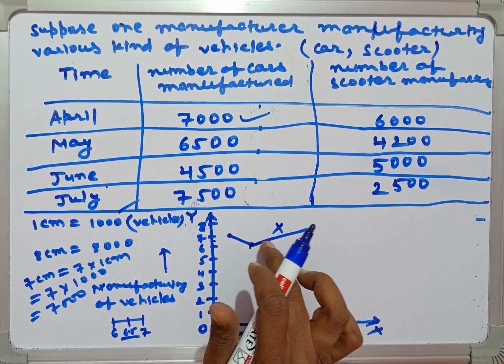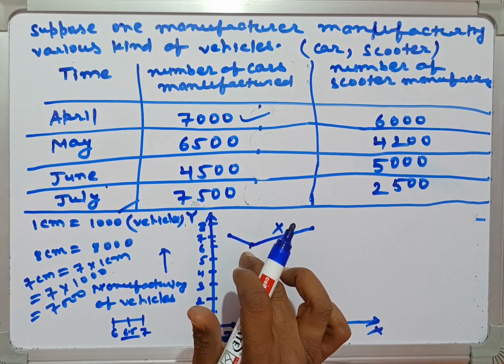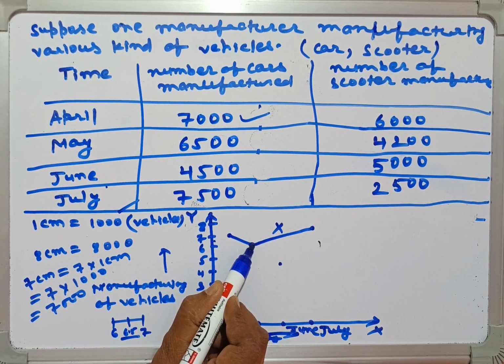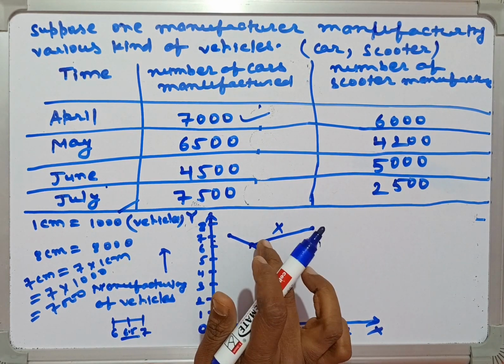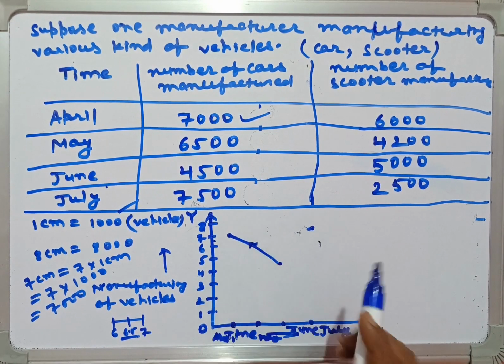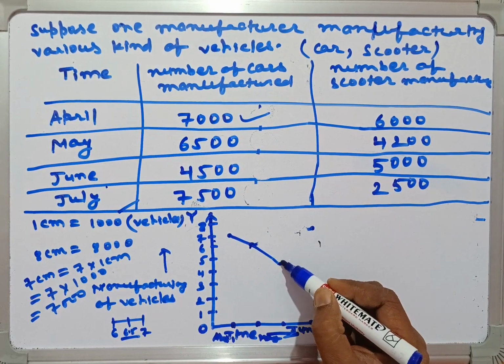So we cannot draw a straight line here to here. We will draw a straight line here from May to June. Okay, so we erase this straight line. Okay guys, now we connect this one.